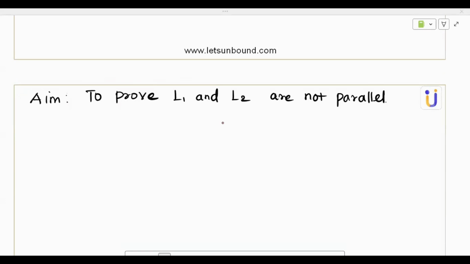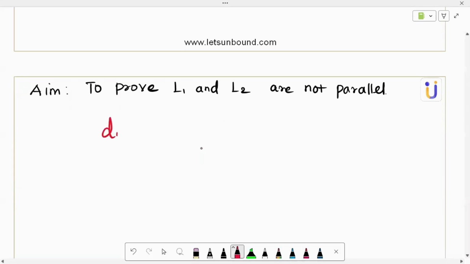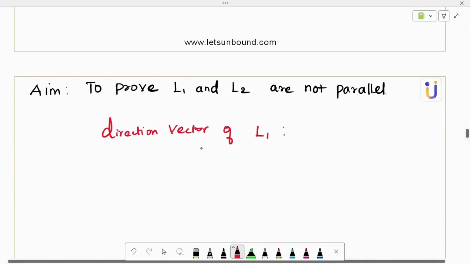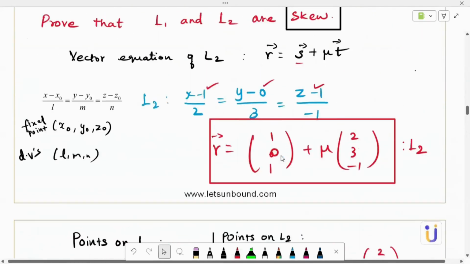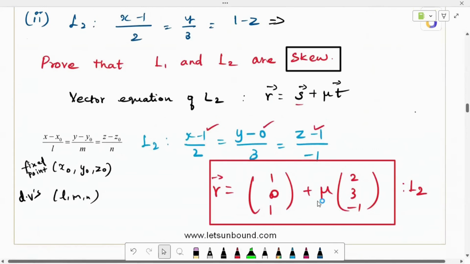So here, the direction vector is what we need to take. Direction vector of L1, you can find it from the vector equation, which is associated with that constant. Like for L2, it is associated with the mu.